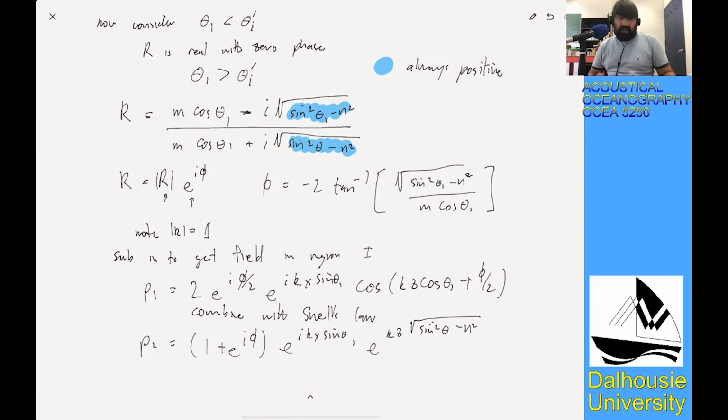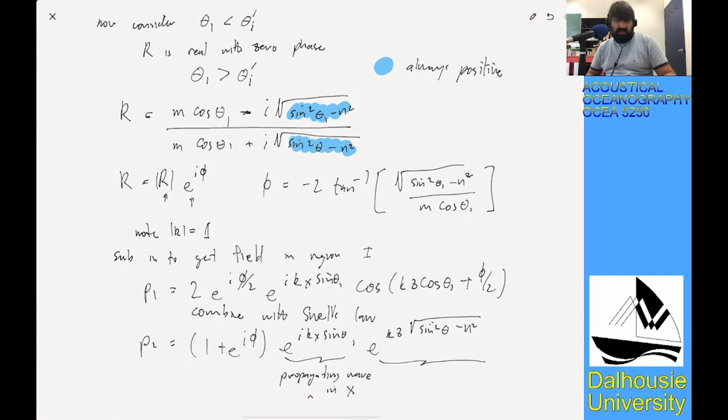So we can see that there's a couple different components here, right? Here's just your regular propagating wave in x. And what is this component here? Well, there's no i, right? So it's not a plane wave.